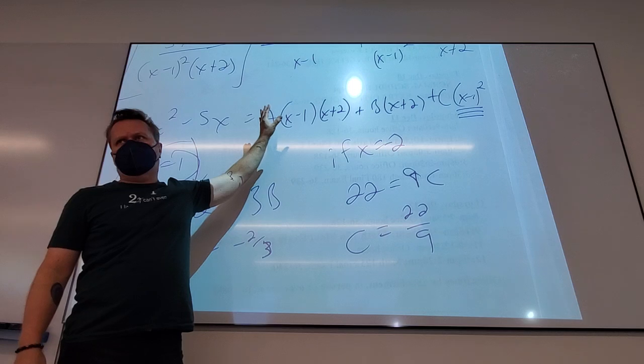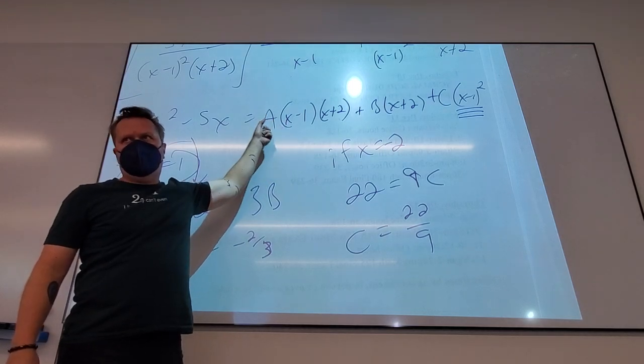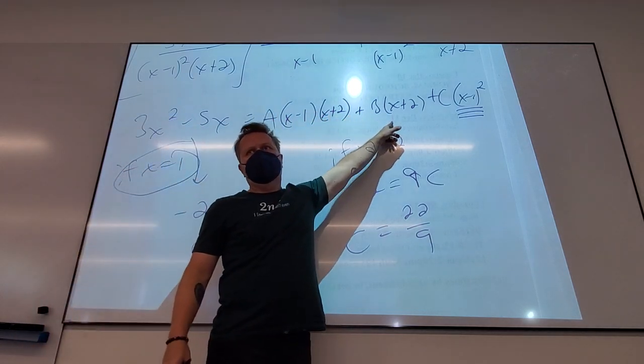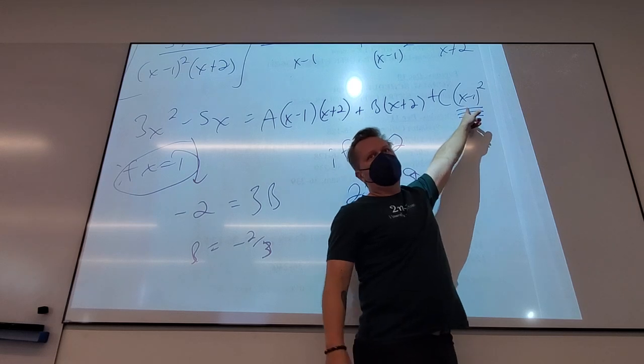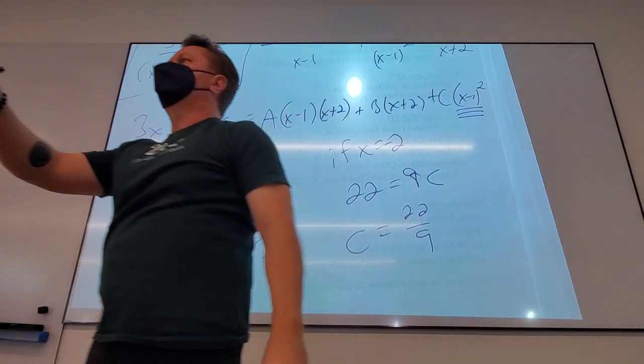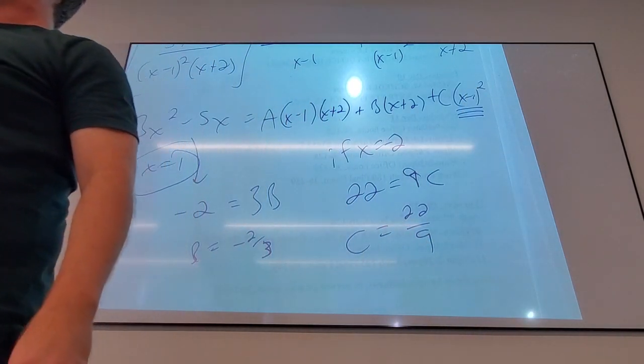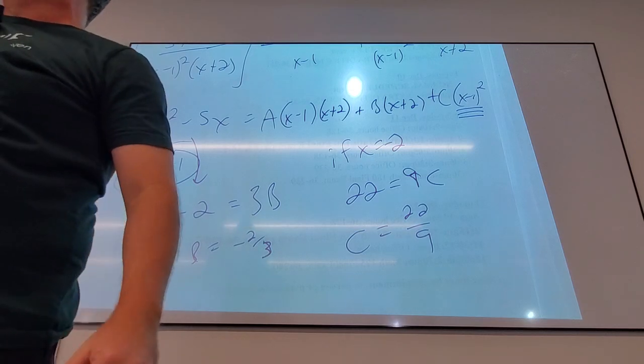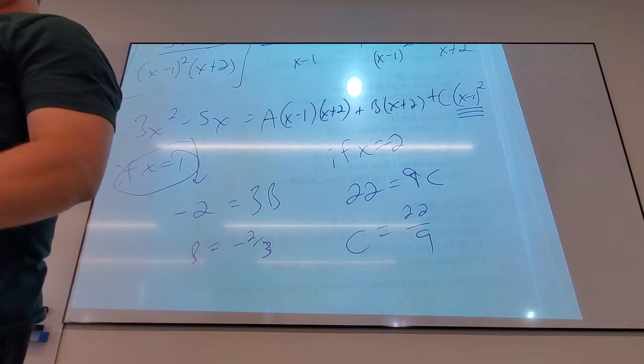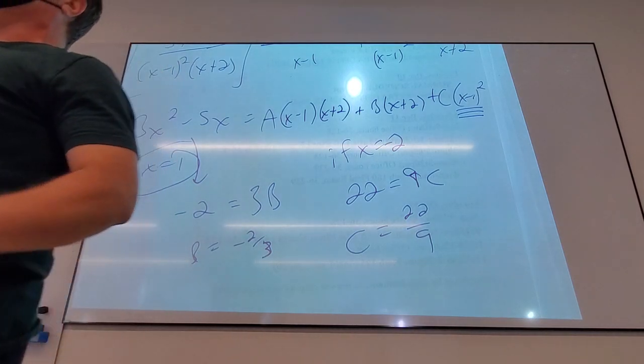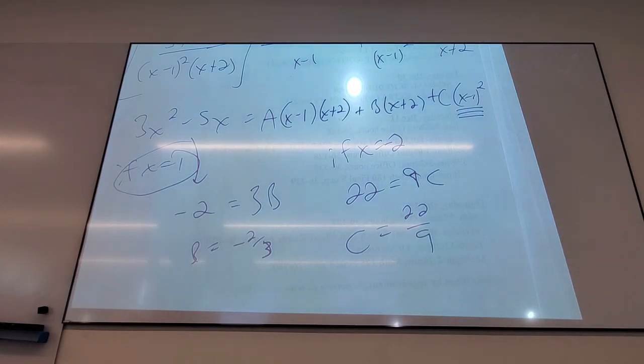So what's in front of the x squared here? A. What's in front of x squared here? C. So A plus C must equal what? It must equal 3, because A is in front of x squared, C is in front of x squared, and together they make 3.